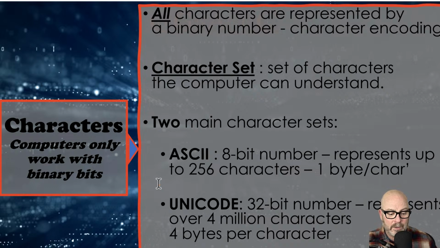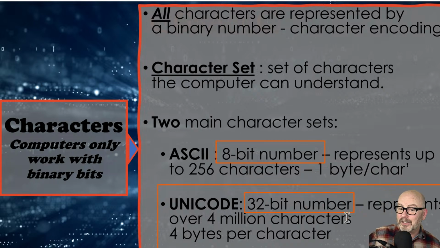So therefore, they created a more recent character set called Unicode. And Unicode, rather than being 8-bit like ASCII, is 32-bit. 4, 8 to 32. So you've got significantly more characters that you can represent.